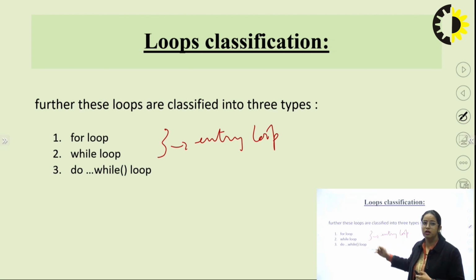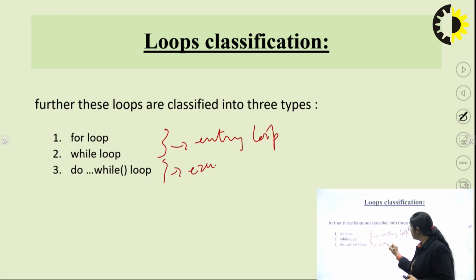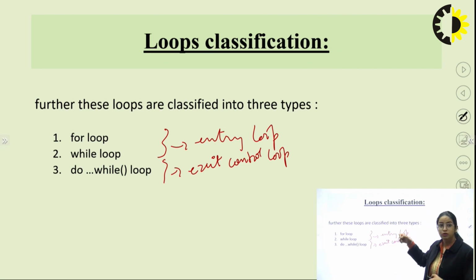Before execution we are going to check the condition. And this is the exit control loop. What does it mean? At least once we are going to execute the code, then only we can check the condition. So these are the types of loops.